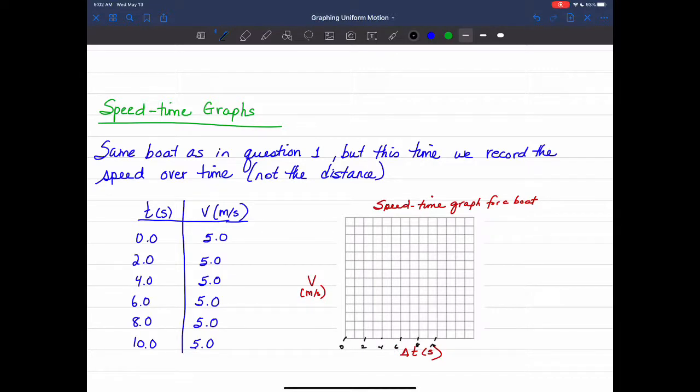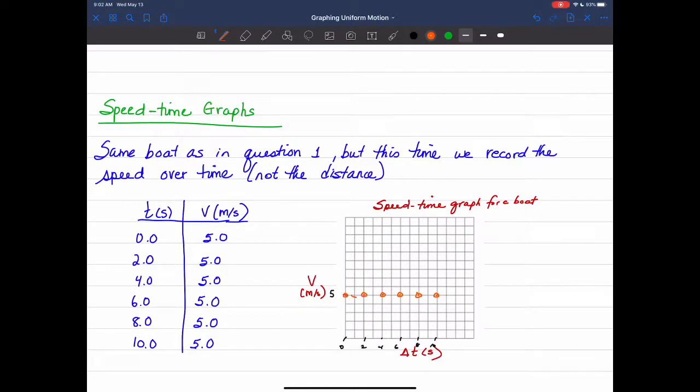And let's say we go 1, 2, 3, 4, 5. There's our 5 meters per second. Now when we graph, what we see is we have that, that, that. So those are our points. I'm going to put circles around them.